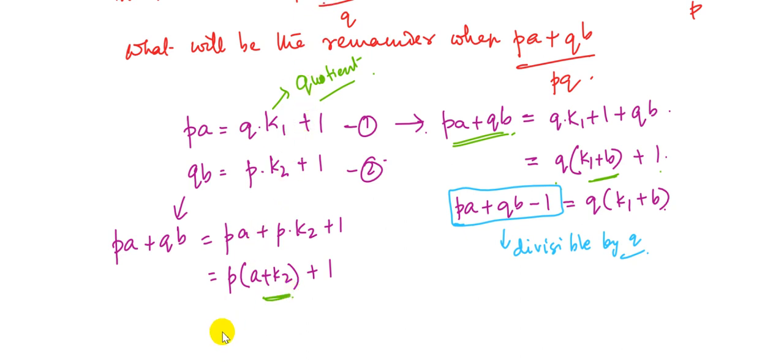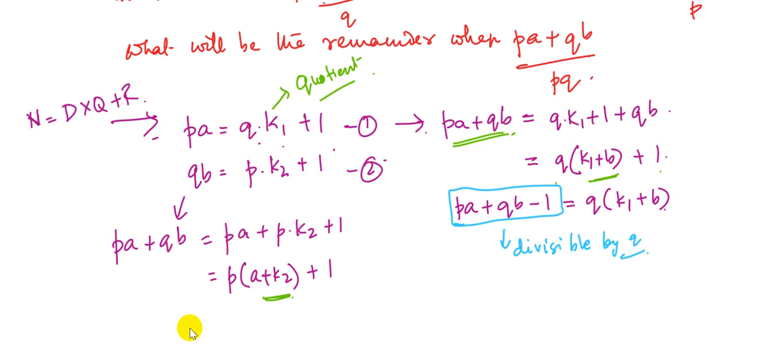K1 and K2 are also integers, because when PA is divided by Q the remainder is 1. The basic remainder theorem says any number is divisor into quotient plus remainder, where Q is my divisor, K1 is my quotient, 1 is my remainder. The quotient is always an integer.